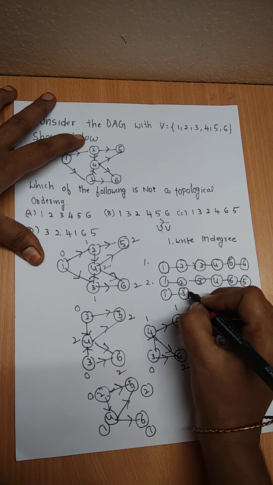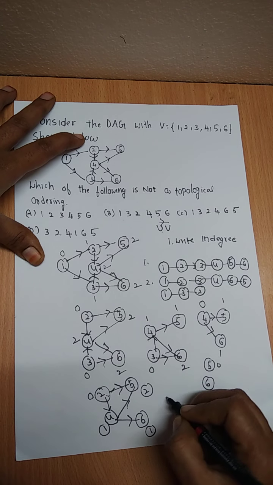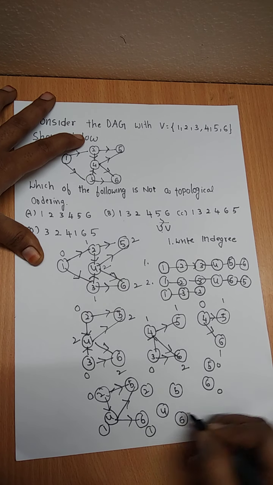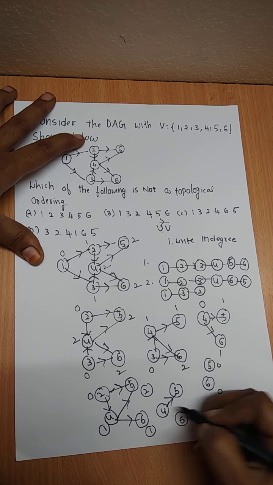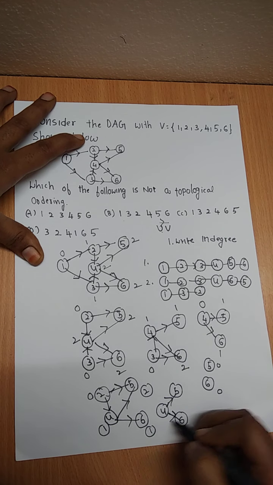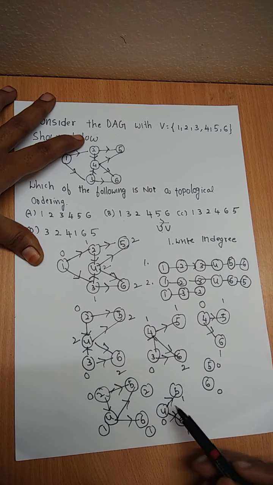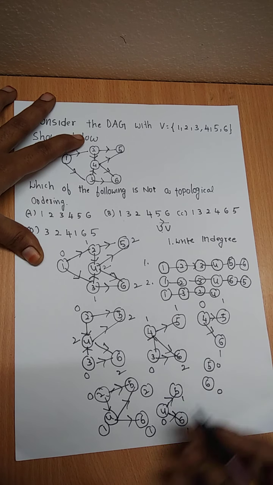So remove that vertex and write that vertex in the topological ordering. So remaining vertices are 5, 4, 6. Four has in degree 2 and 5 is 1 and 6 is 1. So here the 4 has the lowest in degree, so remove that vertex and write it in topological ordering.